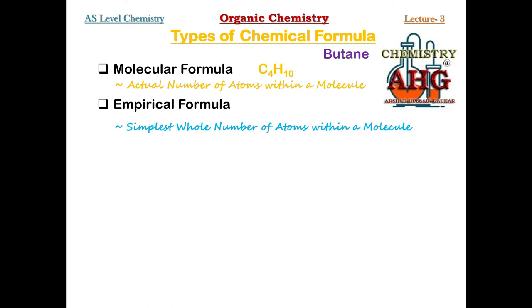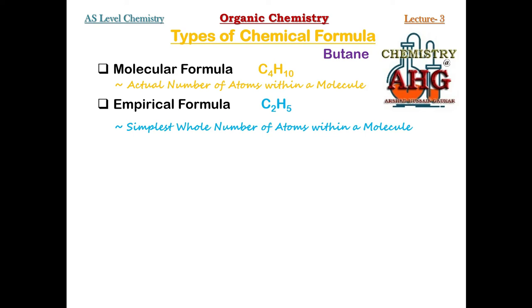Right now you can see the molecular formula of butane is C4H10. If you take 2 common and simplify the molecular formula, it will become the empirical or simplest formula. If we simplify it by taking 2 as a common, then the formula will become C2H5.